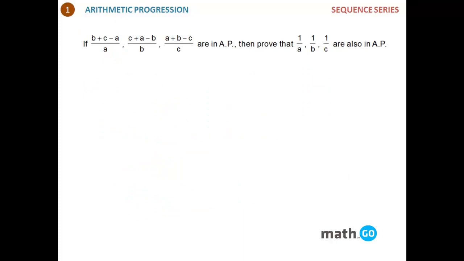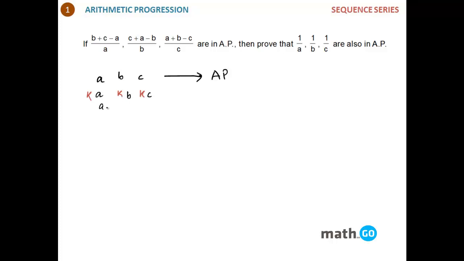This particular problem is taken to make sure that you understand another concept of AP. What it says is that if A, B and C are in, let's say, AP, right? If I multiply them with a number K, then they still are in AP.